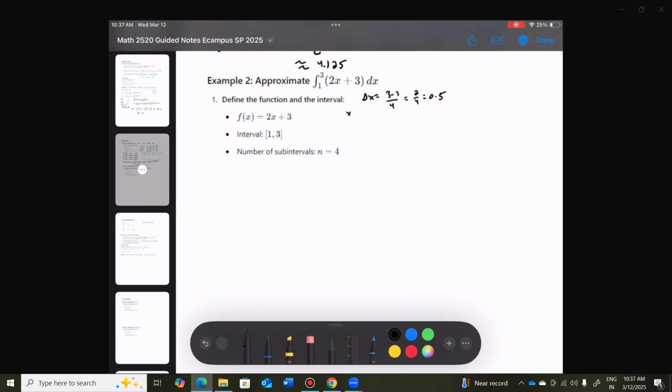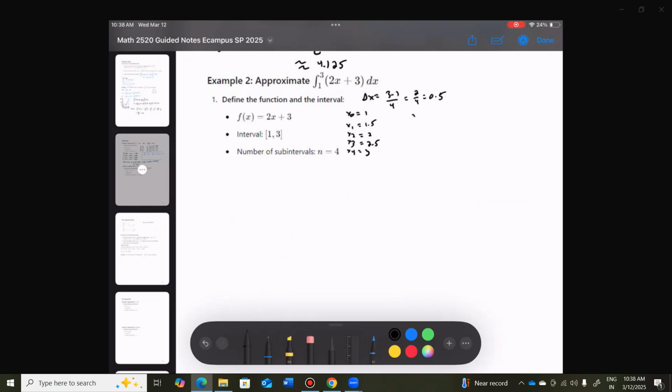Our x sub 0 is going to be 1. We have 4 of these, so it'll be x sub 1, x sub 2, x sub 3, and x sub 4. The last one's going to be 3. And so x sub 1 is 1.5, x sub 2 is 2, x sub 3 is 2.5. And so now we find the midpoints of these.